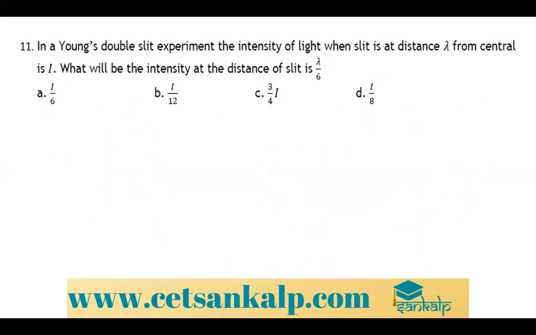In a Young's double slit experiment, the intensity of the light when a slit is at distance lambda from the central is I. What will be the intensity when the distance of the slit is lambda by 2?